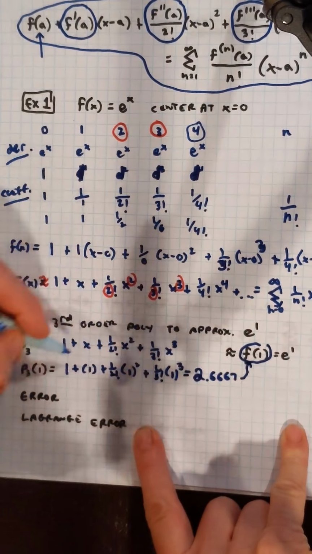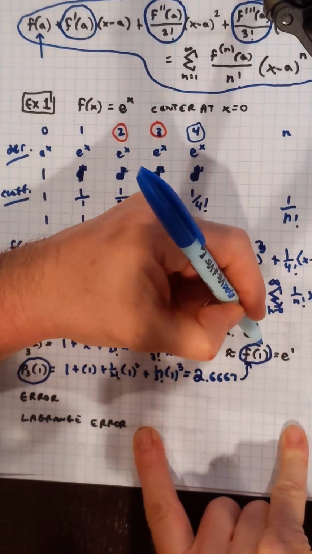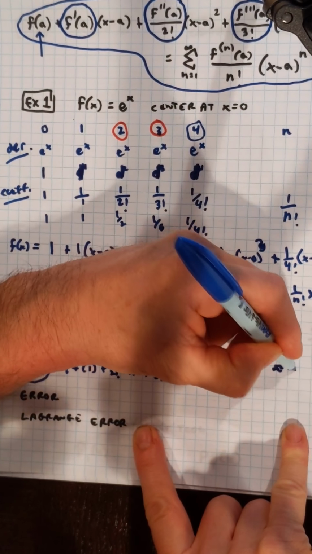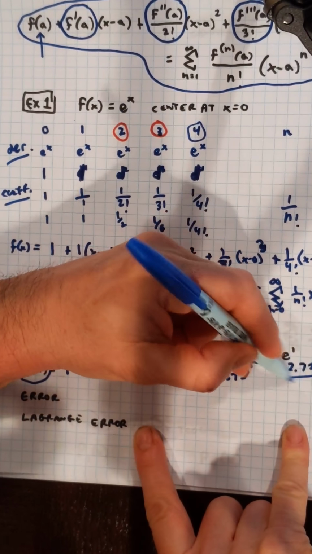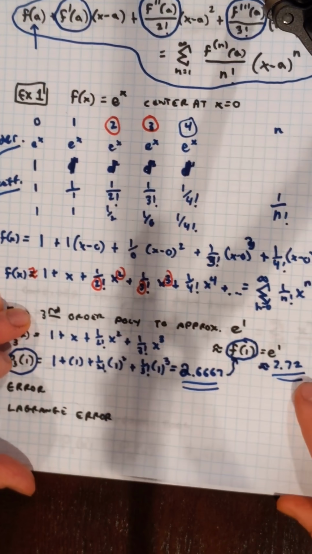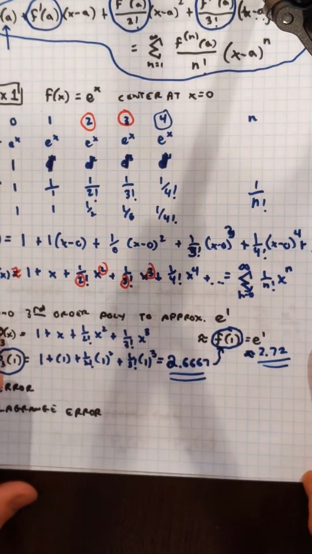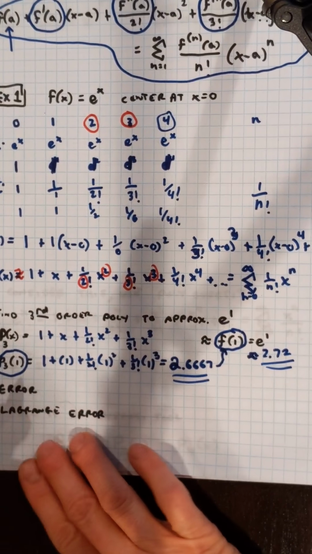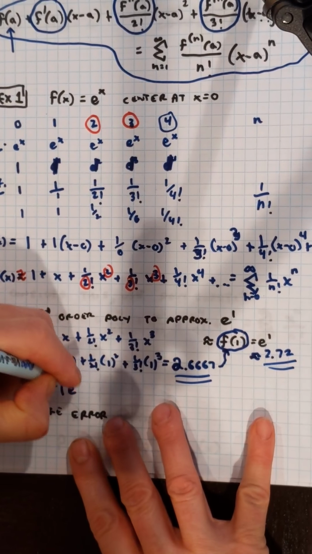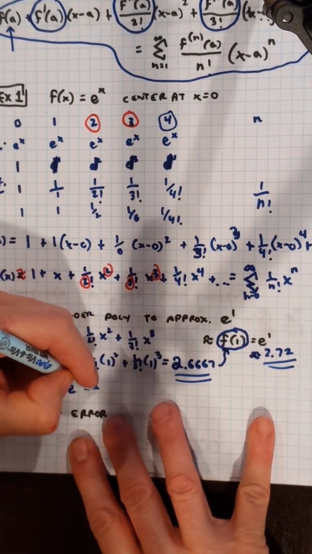I plugged in 1 to my polynomial, F1. And F1 happens to be equal to that, which is approximately 2.72. See how close my value is? Now, just briefly, even though error may not be on the assessment, the error is your mistake. So it's the absolute value of e to the 1 minus the polynomial.